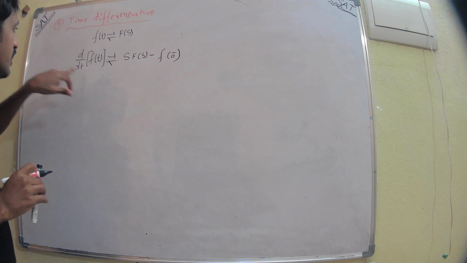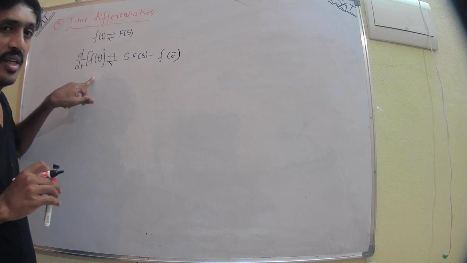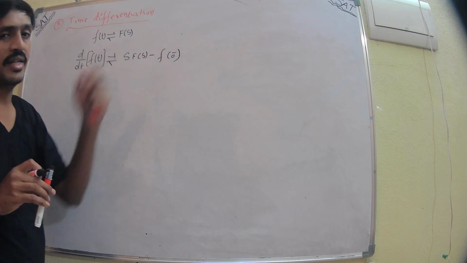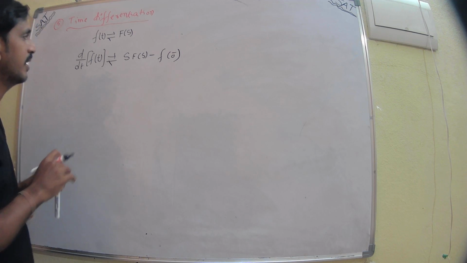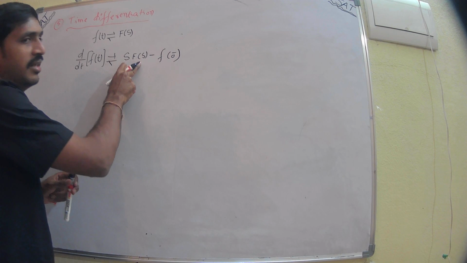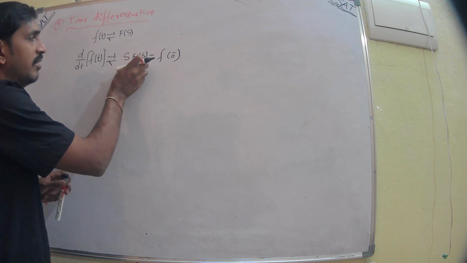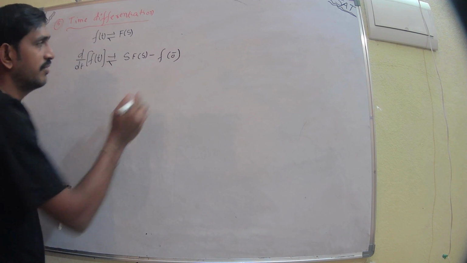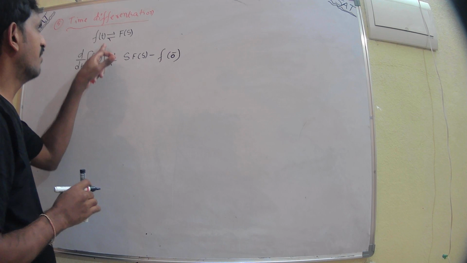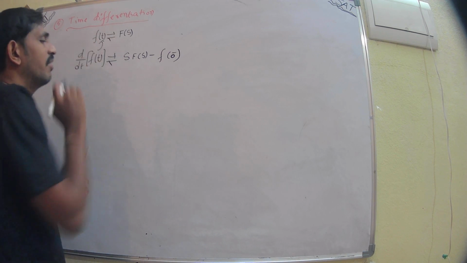The derivative in the time domain gives s into F of s minus f of 0 minus. We just multiply s with the Laplace transform of f of t and subtract the initial value. So f of 0 minus indicates the initial value of the f of t function.